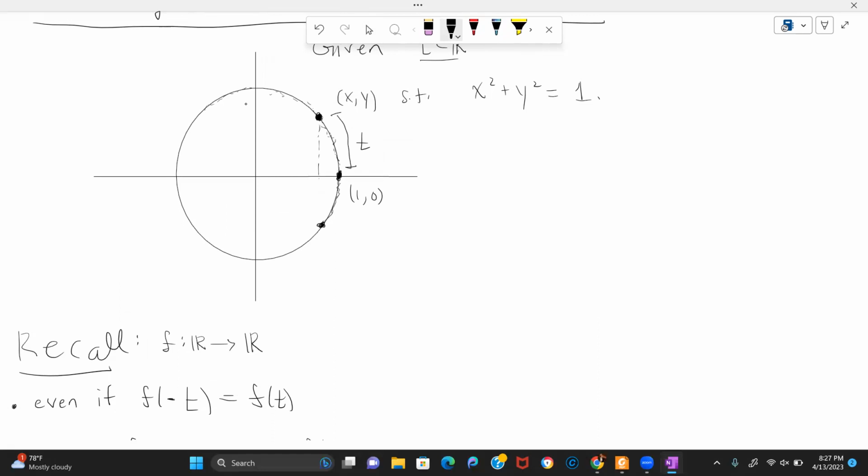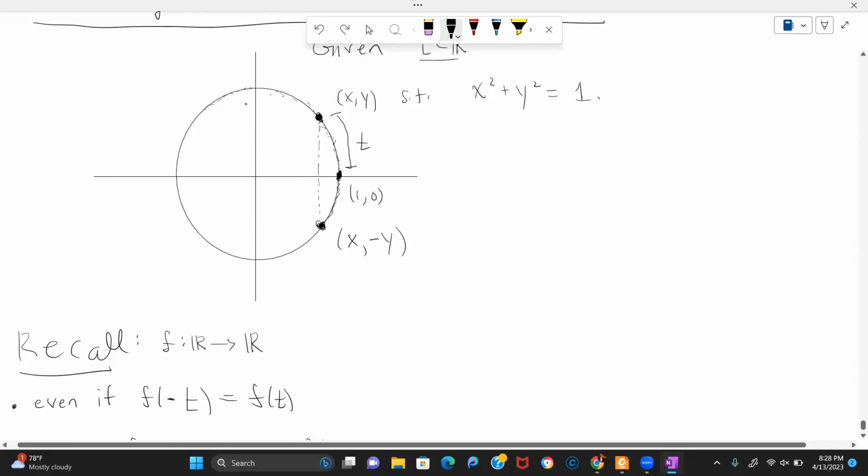This determines a point on the circle, and you can work out its coordinates in terms of the first point, because this point on the bottom is a reflection of the point on the top over the x-axis. So the point will be (x, negative y). Let me clean this picture up a little bit.